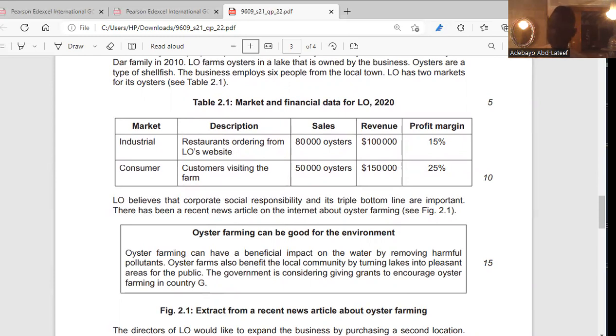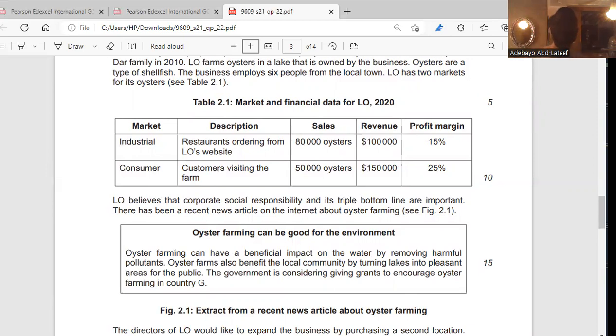That's the first point. The second point is that the new location has to be a second place, not that LO is leaving its first location for the new location. So it's just going to have a new branch. That is what the location is talking about. So based on these two things, we have to check.